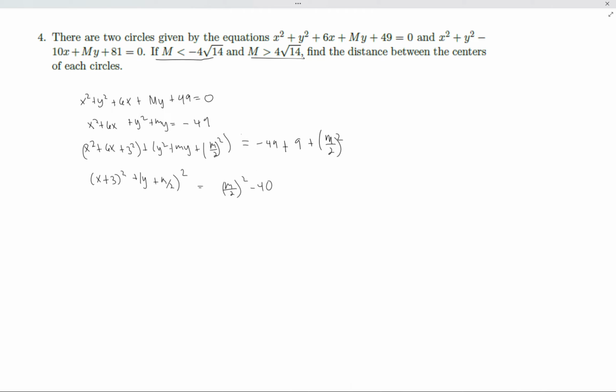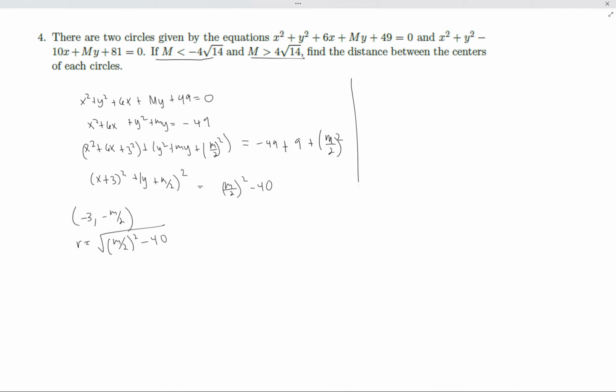So therefore we know that the center of this one is at (-3, -m over 2), and its radius is equal to the square root of (m over 2) squared minus 40. We have that going on for us.